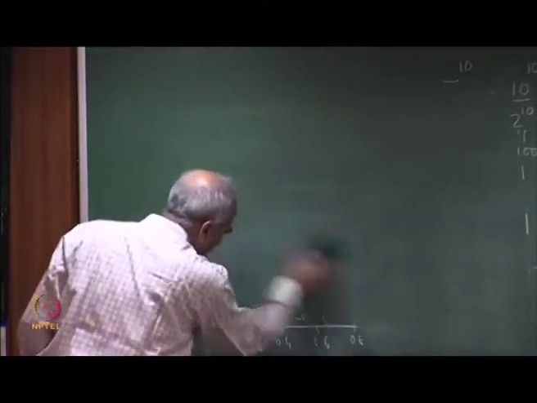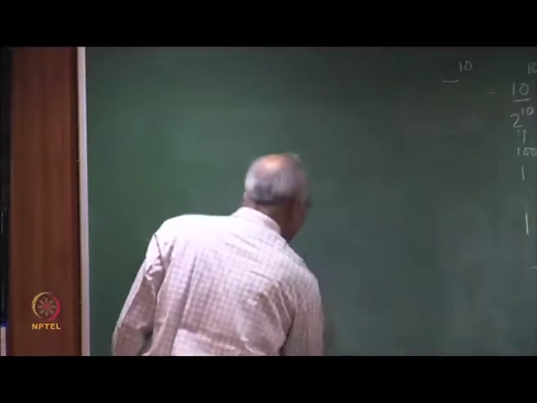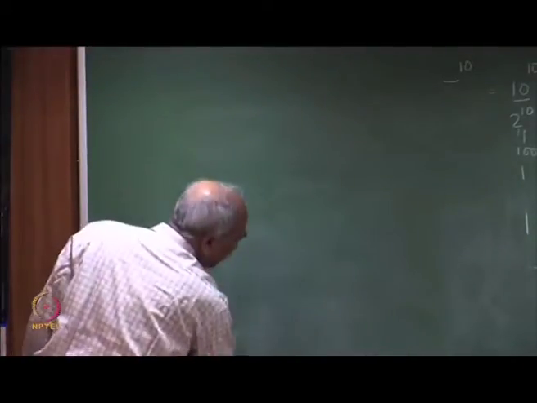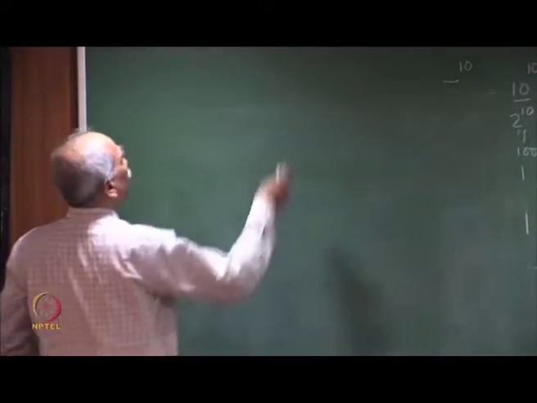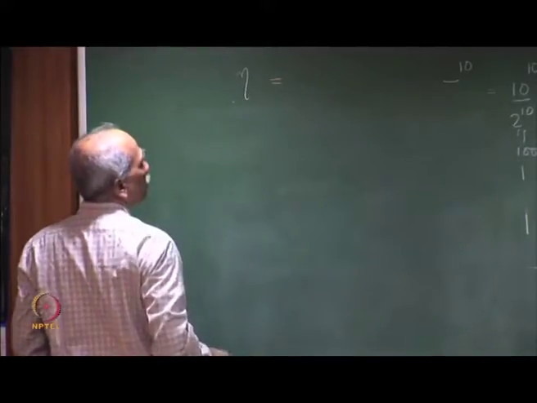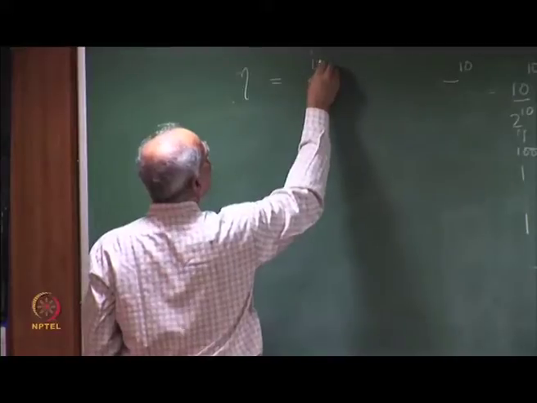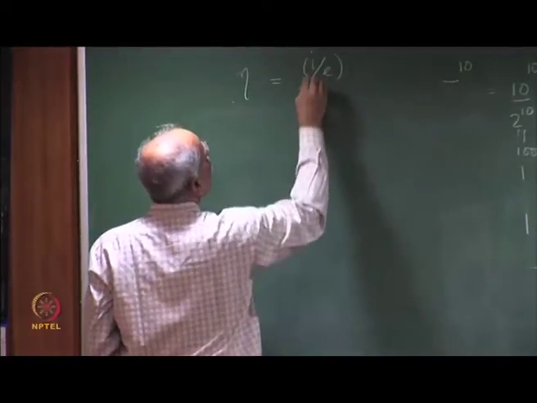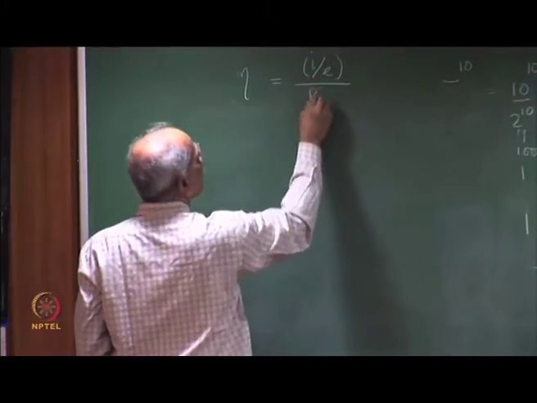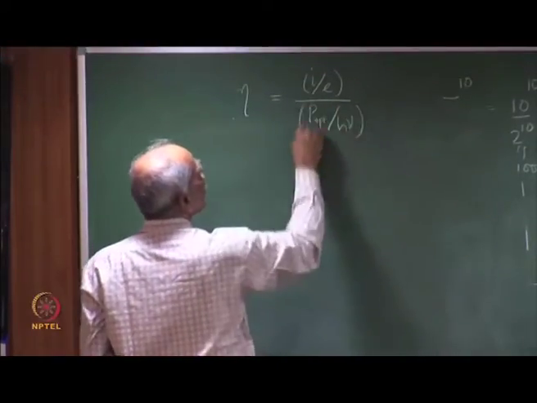Here is an example of what kind of voltage is generated at the output if 1 picowatt of optical power is incident. I go by the definition of quantum efficiency, which is equal to electron flux, I divided by e, divided by incident photon flux, that is P optical divided by h nu.